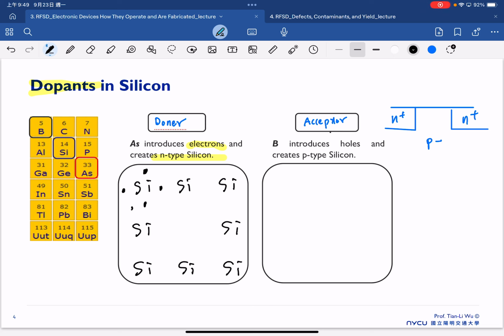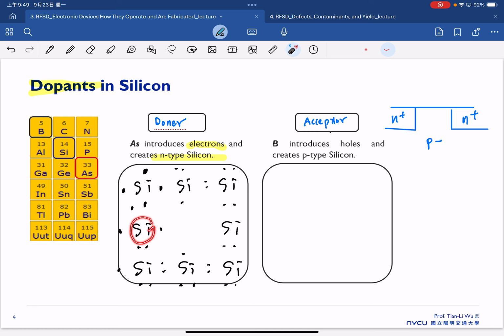So if we put the silicon side by side, each silicon atom can form covalent bonds with a nearby silicon, because one electron is contributed by this silicon, and another electron is contributed by this silicon.